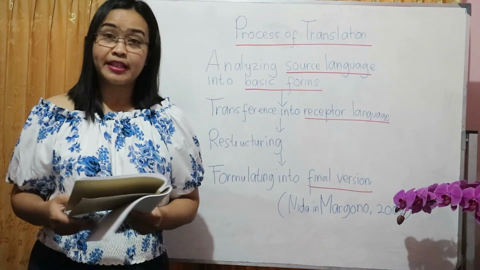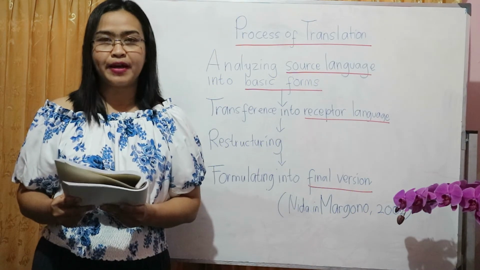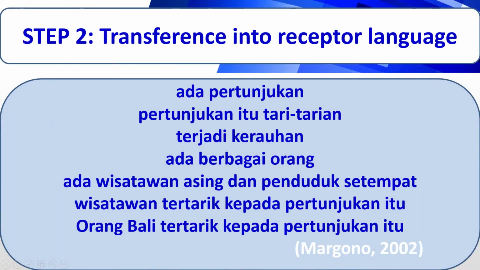The transfer into the receptor language can be identified like this. Ada pertunjukan, pertunjukan itu tari-tarian, terjadi kerauhan. Trance here is translated into kerauhan. This is a special term in Balinese. Kerauhan as the closest equivalent for trance.